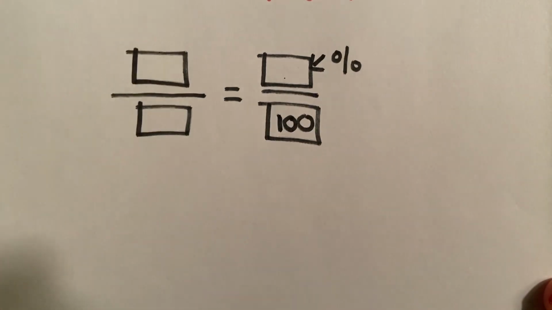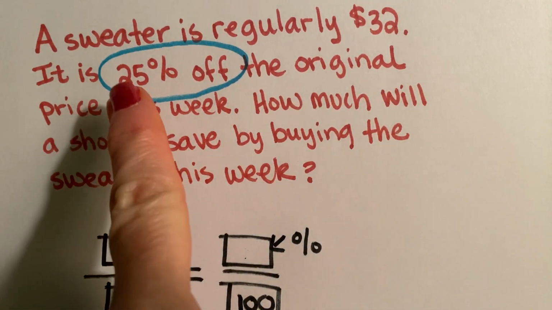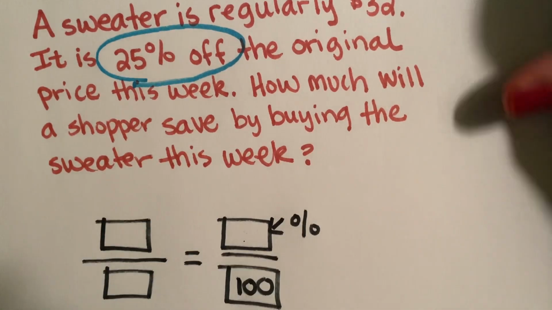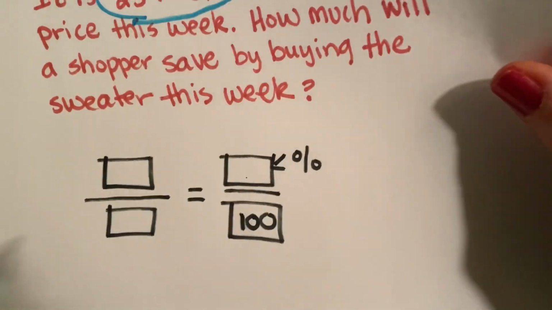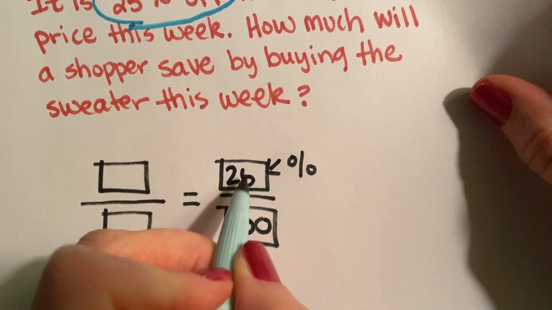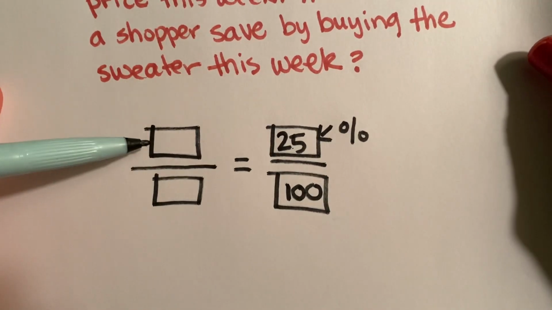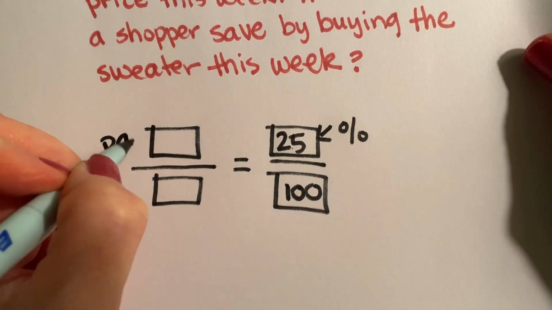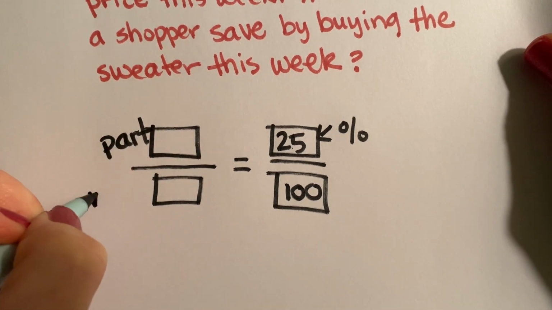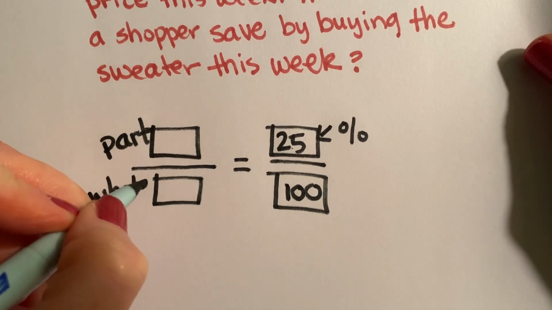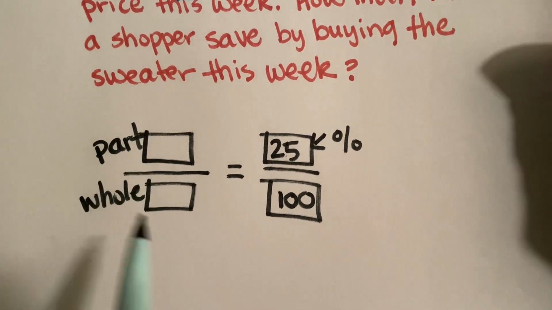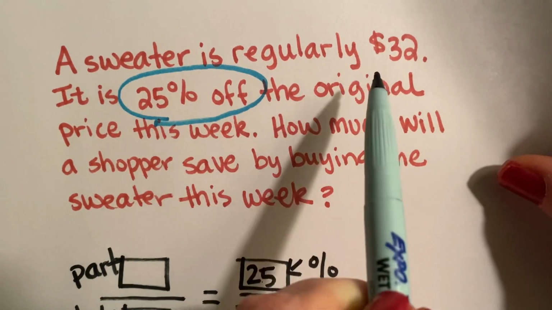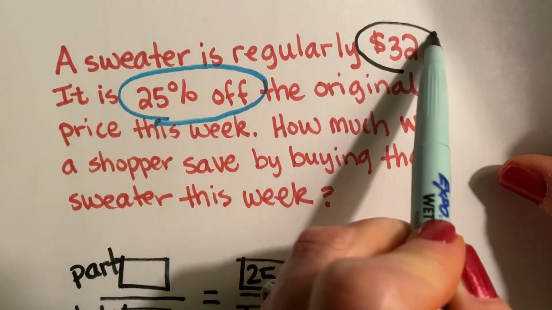So how much are we getting off here? 25% off. So I'm going to put 25 in this box. Now, on this side, if you remember, it was the part and the whole. So when I look up here, part and whole, let's take a look. A sweater is regularly a whole $32.